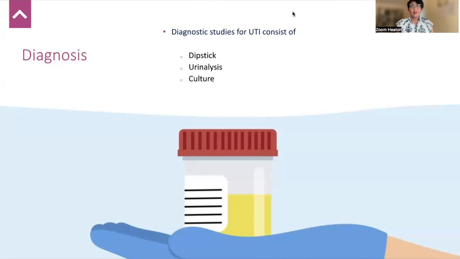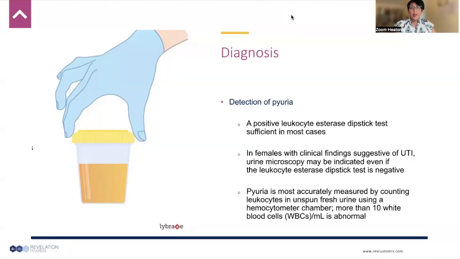Patients, especially if they've had prior UTIs, often recognize the symptoms and identify when they have a UTI. There are no imaging studies indicated in the routine evaluation of cystitis, but a positive leukocyte esterase dipstick test is sufficient for pyuria in most cases.